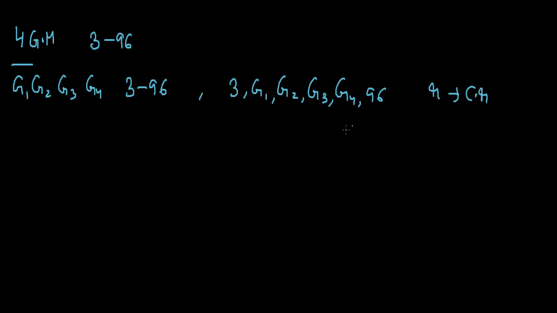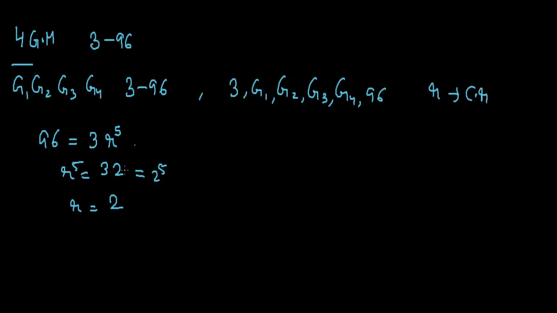Since 96 is the sixth term, we can write the formula as 96 equals 3 (the first term) times r to the power n minus 1. From here we get r to the power 5 as 32, so r is 2.